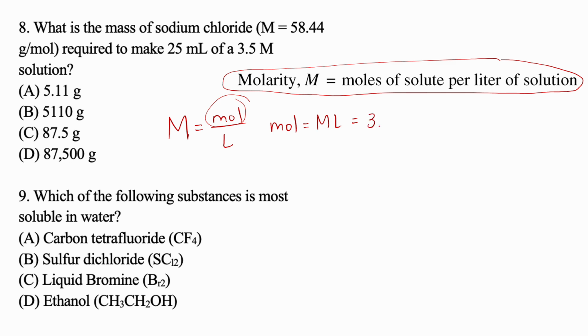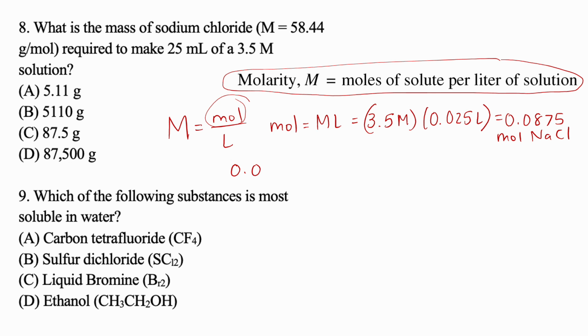So our molarity is 3.5 and our volume in liters is going to be 0.025 liters. So if we do 3.5 times 0.025, that's going to give us 0.0875 moles of NaCl.